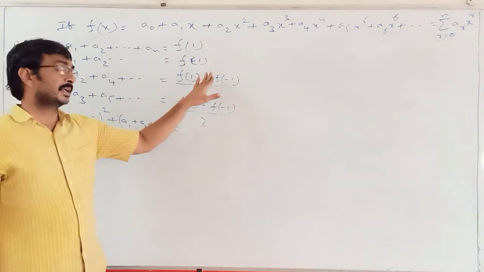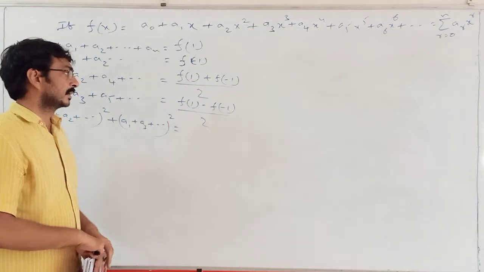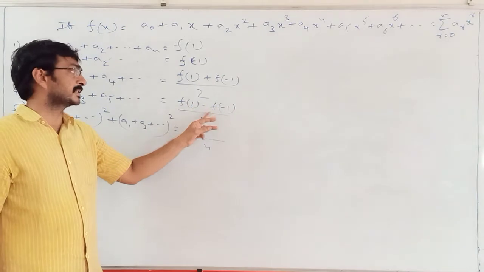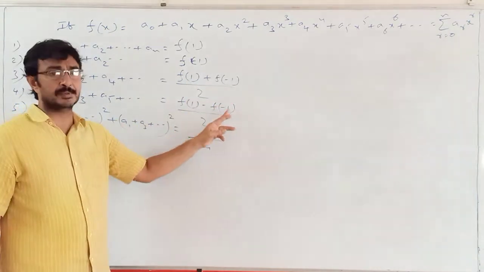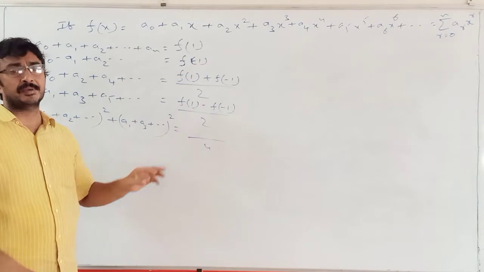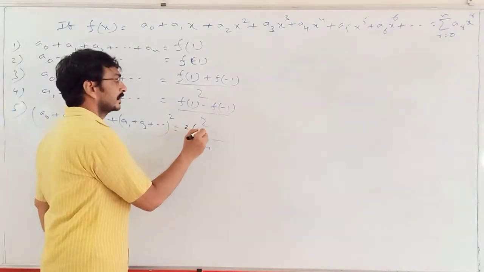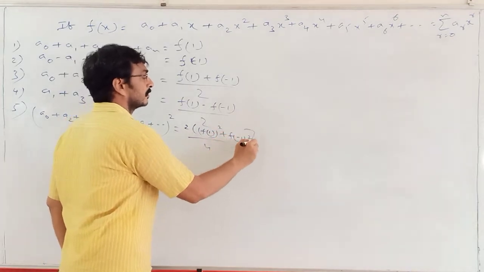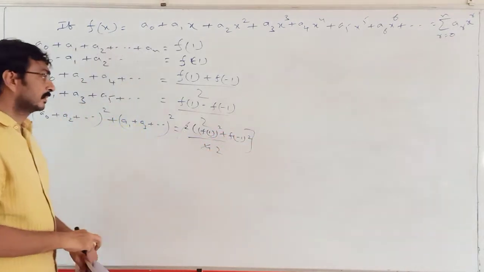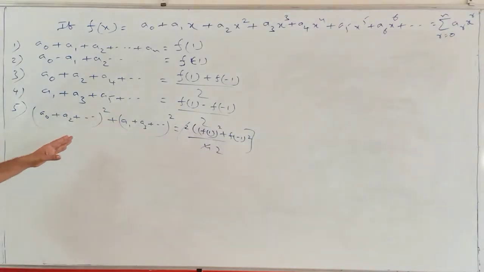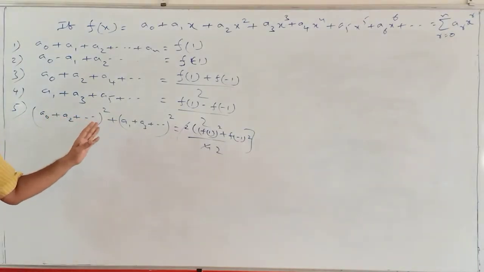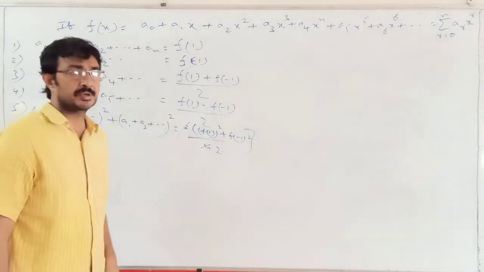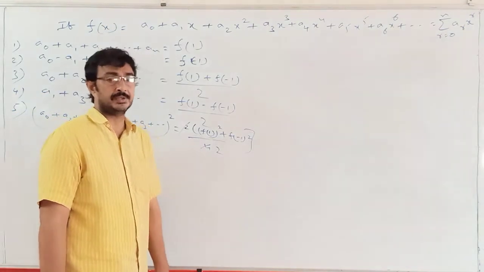So the sum of the squares of these two, LCM 4. In the numerator, the sum of the squares is of the form a plus b whole square plus a minus b whole square, and the formula for that is 2 times of a square plus b square. Therefore 2 times of f of 1 whole square plus f of minus 1 whole square, the 2 cancels. Now by heart, the sum of the squares of a0 plus a2 plus and so on and a1 plus a3 plus a5 and so on is f of 1 whole square plus f of minus 1 whole square by 2. Okay.